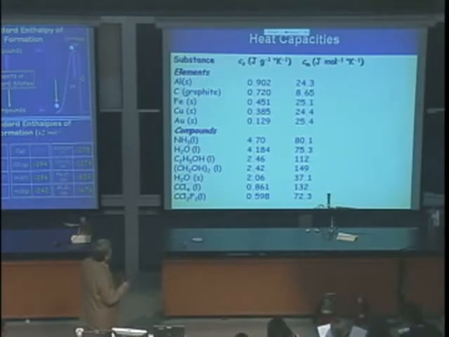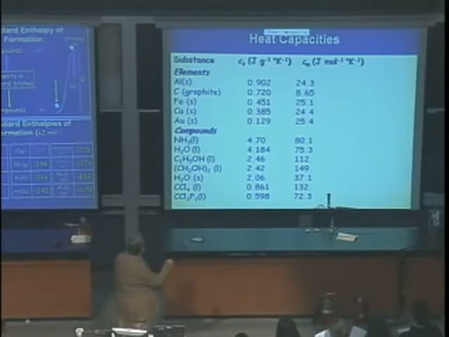We just write Kelvin. And water has 75. So this is about a factor of 3 if you go to molar, and the specific is even nearly a factor of 10 difference.